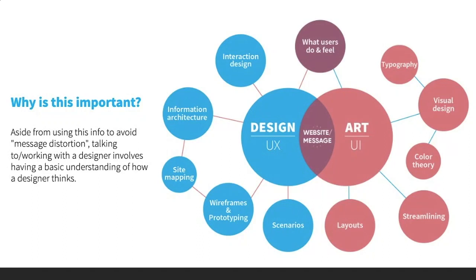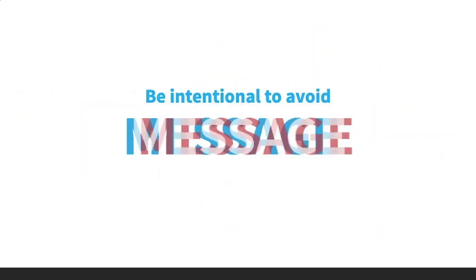And if you're somebody who's going to set out and do this yourself, I think going through those slides and seeing how the message can become distorted is really helpful when it comes to making choices. And really, to avoid message distortion, you need to be intentional with the choices that you make.